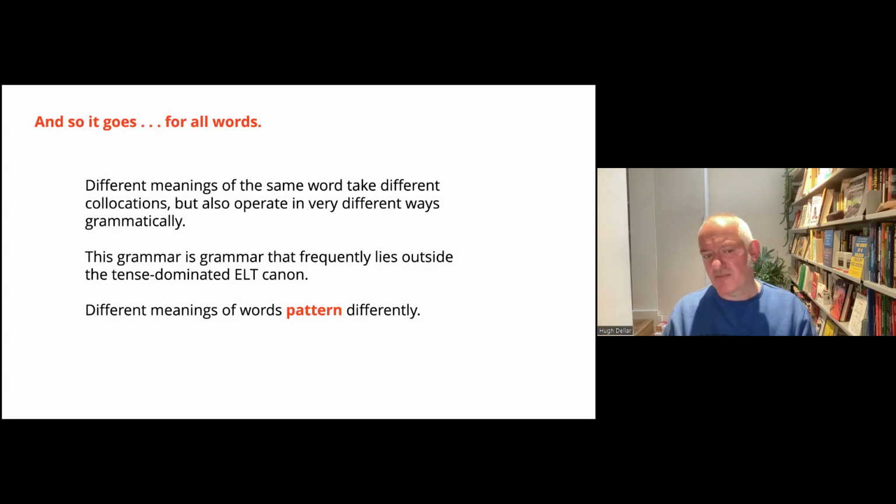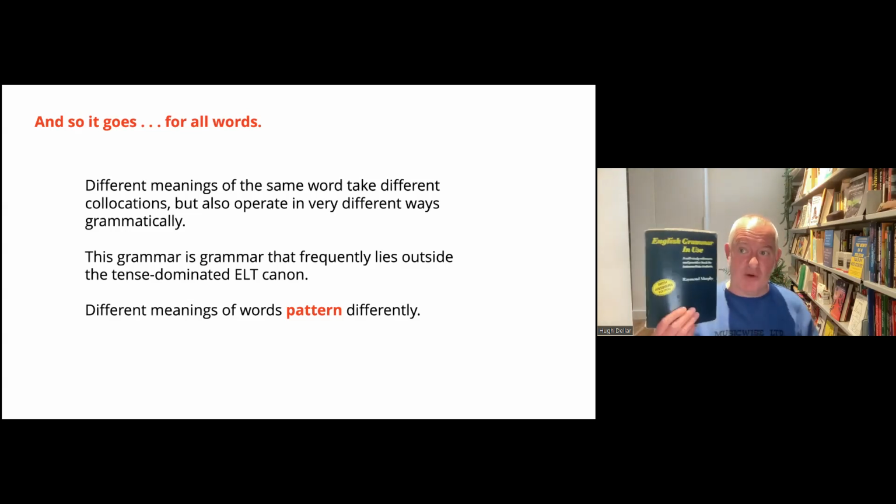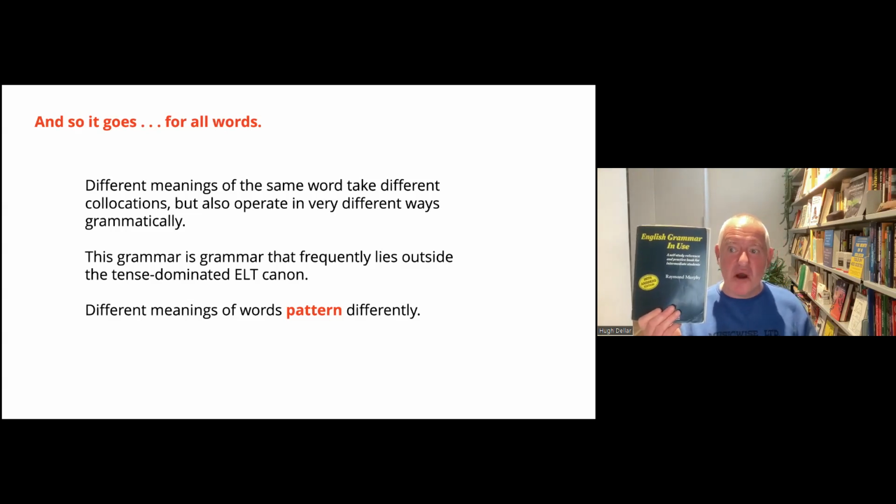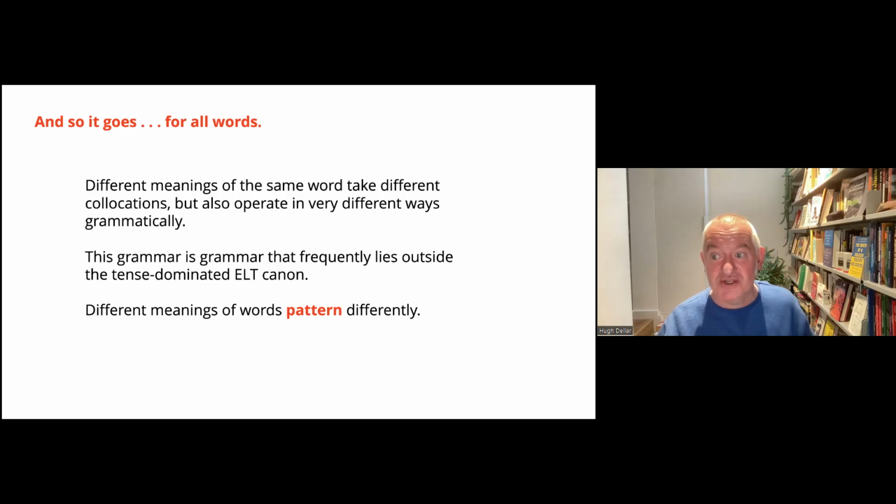And I think part of the problem is it's grammar, but it's like word grammar. It's grammar that's outside what you often think of as being the kind of grammar that we teach in classrooms. Usually that's what most people think of when they think of grammar. They think of Raymond Murphy's English Grammar in Use. The problem with that is that it will teach you the present perfect simple, the past perfect continuous, mixed conditionals.